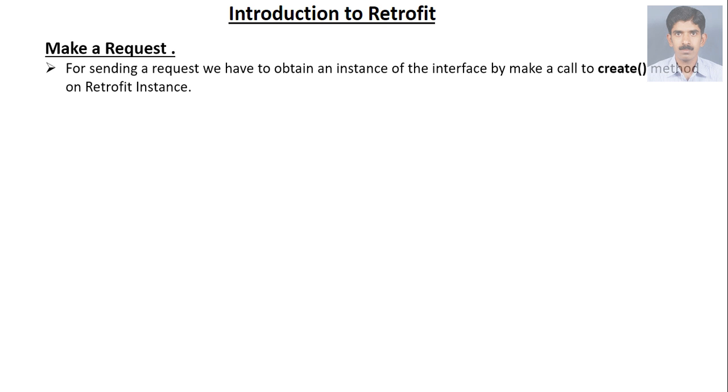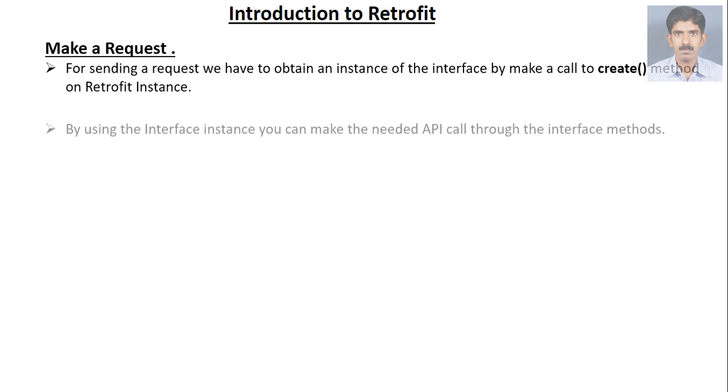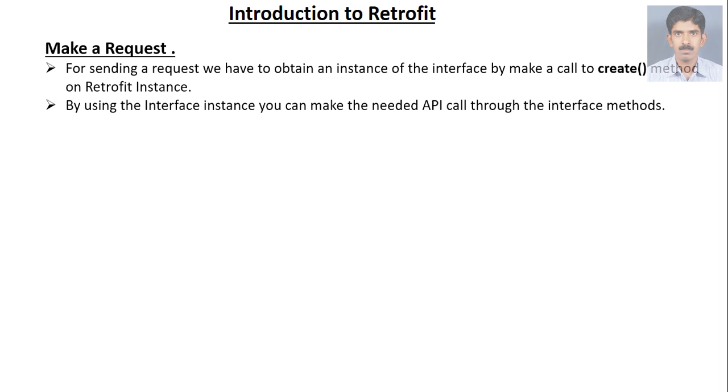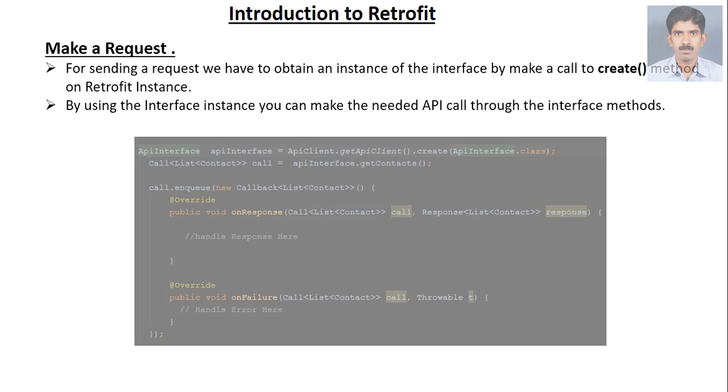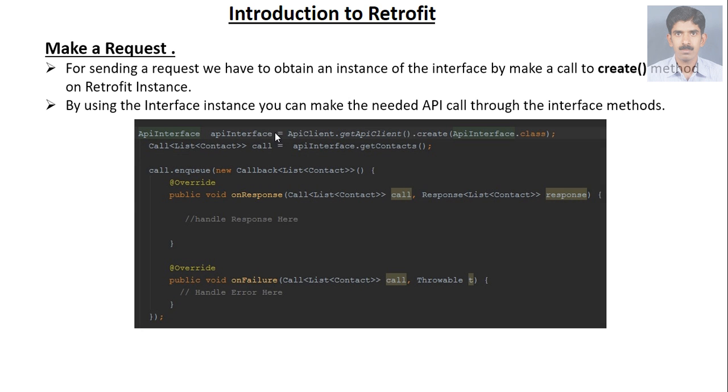For sending a request, we have to obtain an instance of the interface by making a call to the create method on the Retrofit instance. By using the interface instance, you can make the needed API call through the interface methods. Here is an example. So here we have an interface instance.